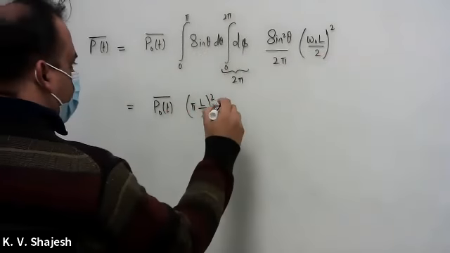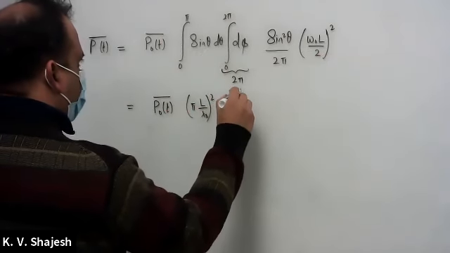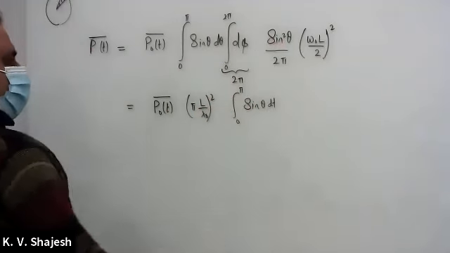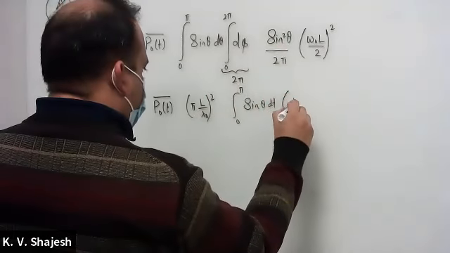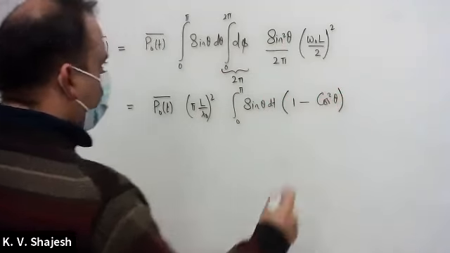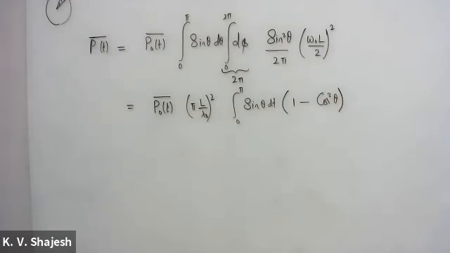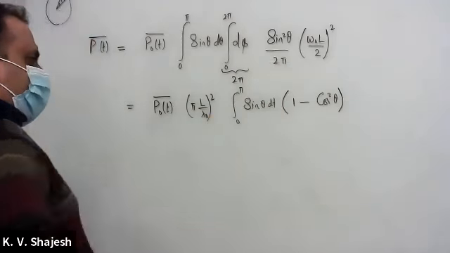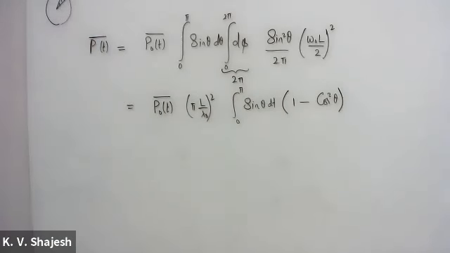That's taken care of, and what we have is the integral from 0 to pi of sine theta, sine square theta, which I write as 1 minus cosine square theta. If you remember, this was the same integral that came in the Larmor formula. So it seems this whole wire can be imagined to be a dipole in this extreme limit. Let's do this integral.